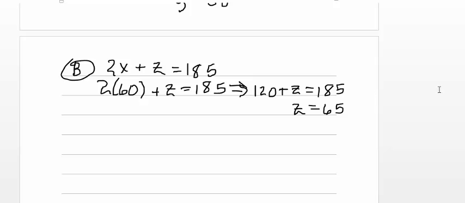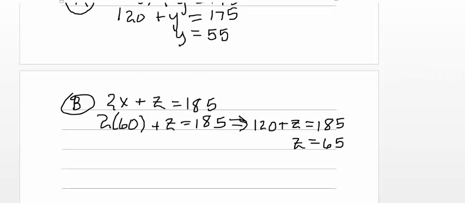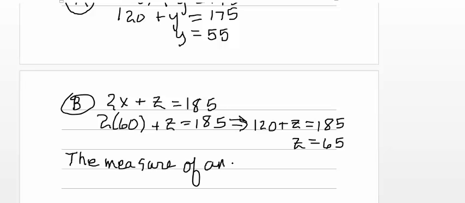And so now I have all of my measurements, and I can actually answer the question, which asked me to find the measure of each interior angle. X, Y, and Z were interior angles. They were within the triangle. So the measure of angle X is 60 degrees.